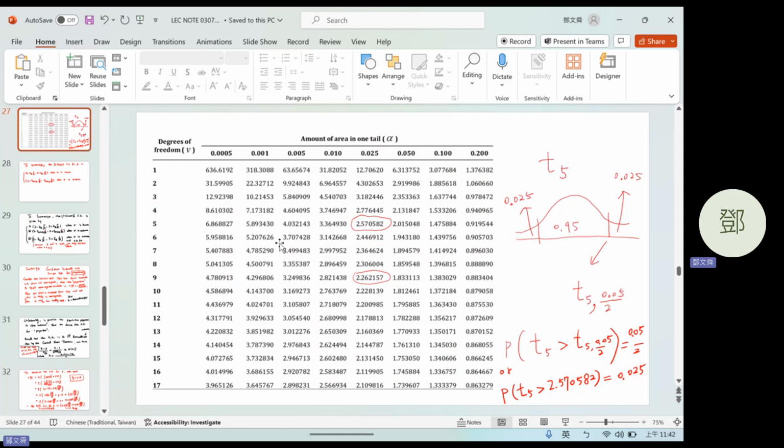Okay. Automobile theft. 7.4 in page 369. Oh, no, not this example. Not this example. Another example. The first example, 7.1.